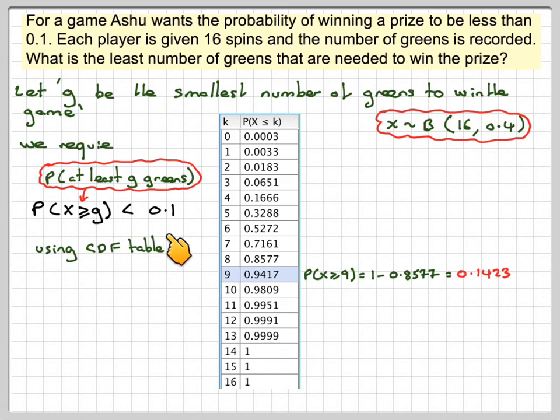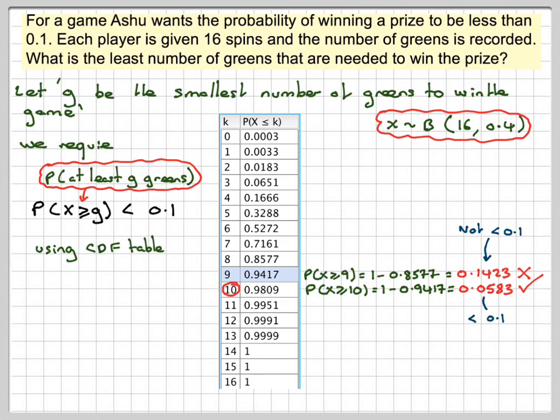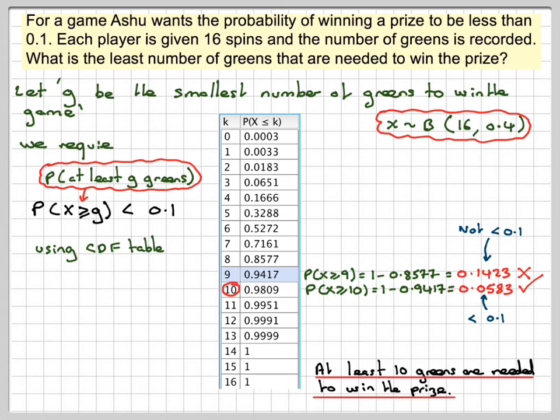That's not okay because that's more than 0.1. So if we look at the next one, x greater than or equal to 10, we need to do 1 minus the one before, which gives me 0.0583. Now that is less than 0.1, so this is the first time it happens. Therefore, at least 10 greens are needed to win the prize.